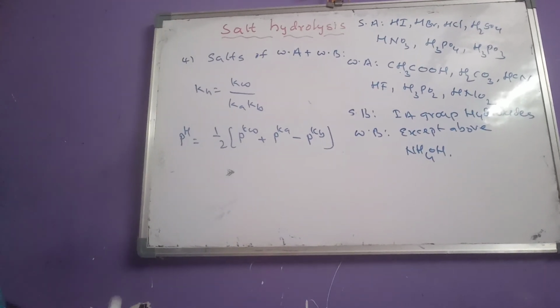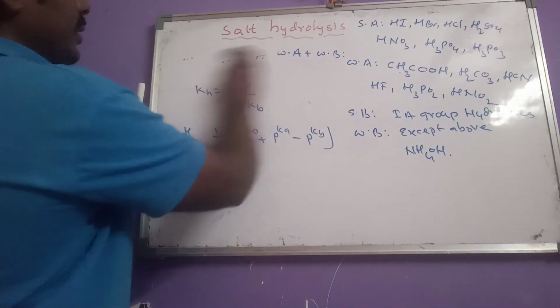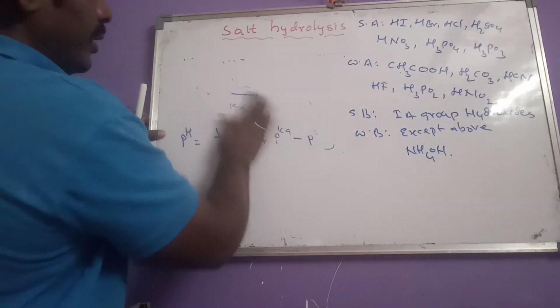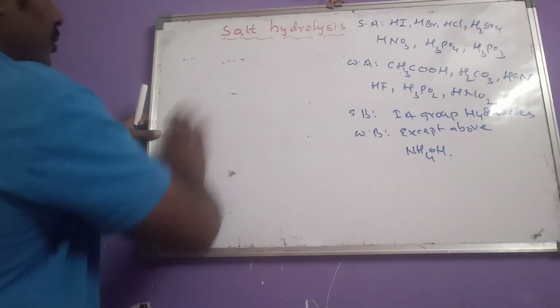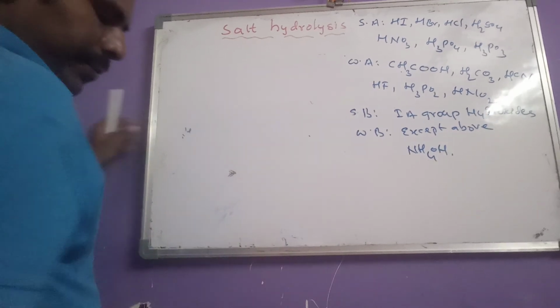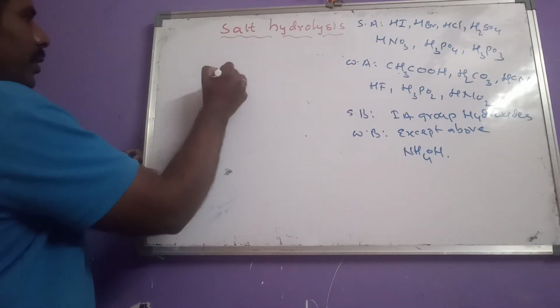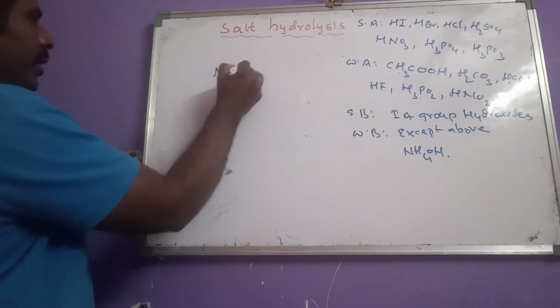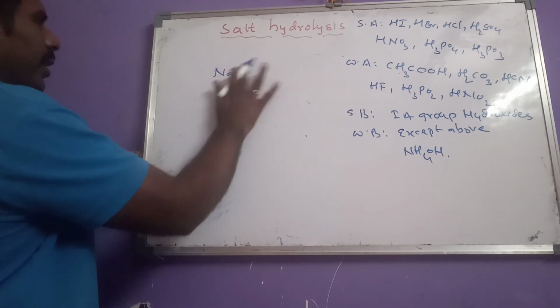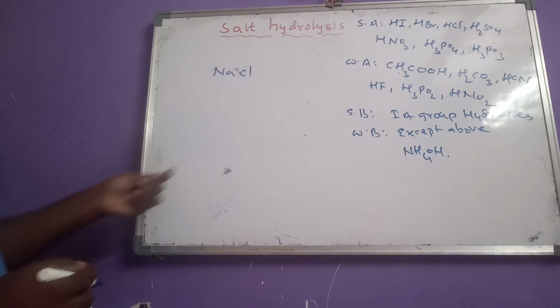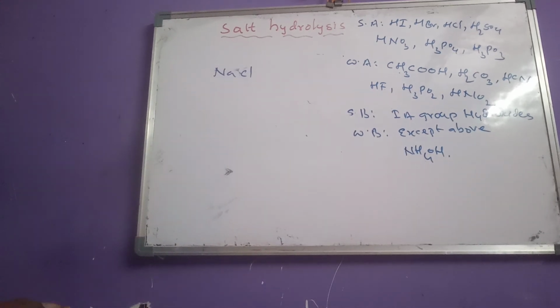And what is the easy technique to give the nature of the salt? So I will give one question here. See what that question is. For example, they have given NaBr or NaCl, consider. What is the nature of that aqueous solution?